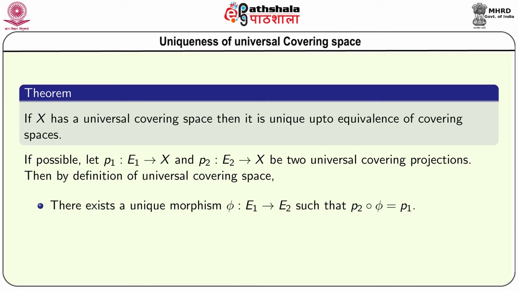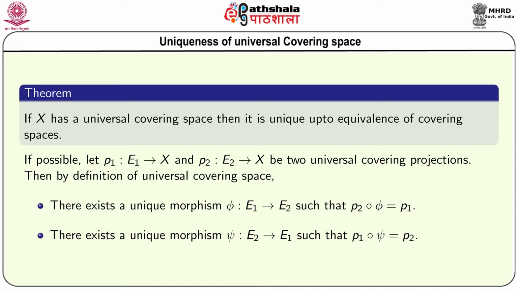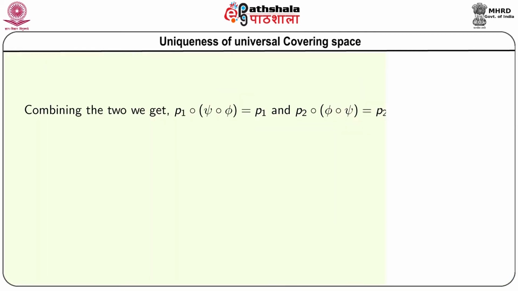Then, by definition of universal covering space, there exists a unique morphism phi from E1 to E2 such that P2 composed phi is P1.